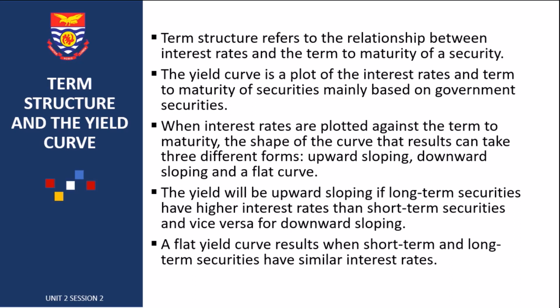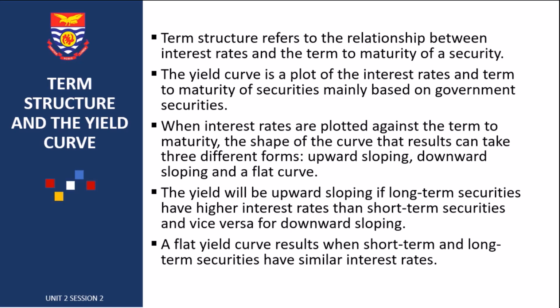So based on the interest that is being charged and the maturity period, you are likely to fall under either an upward sloping curve, a downward sloping curve, or a flat curve. With the upward sloping curve, there's a long-term security involved, and because the security is long-term, investors presume that there's a higher rate of default.